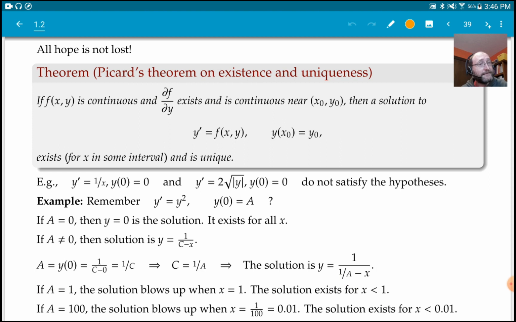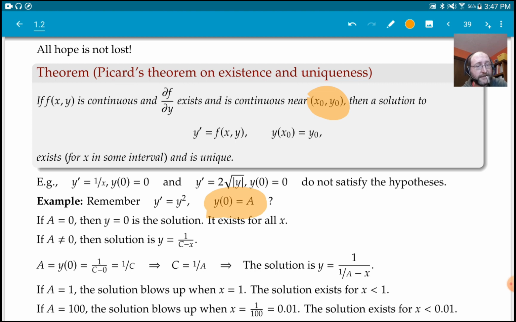Now, if we choose a different initial condition, which really means we chose a different point, that range of x's could change. So if a was 100, then 1 over a is 0.01, and so the solution blows up at 0.01, very close to our initial point x equals 0.